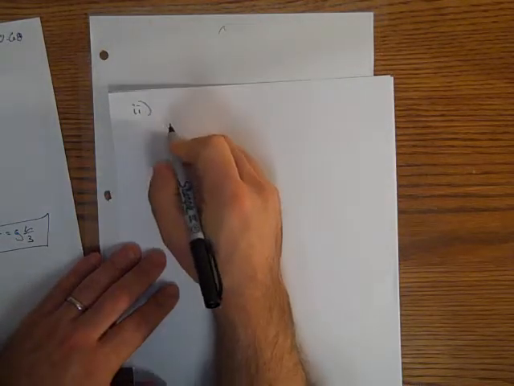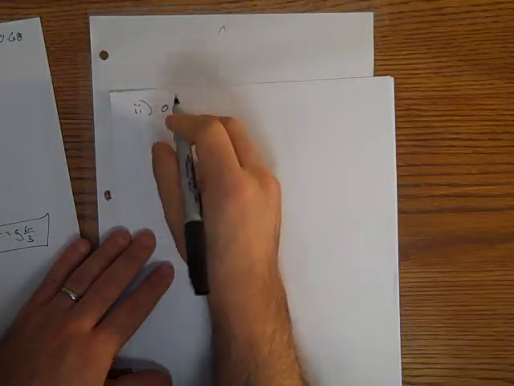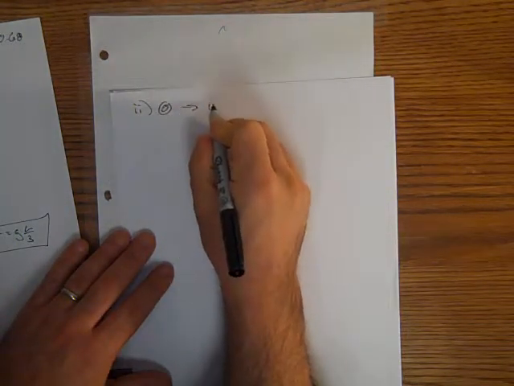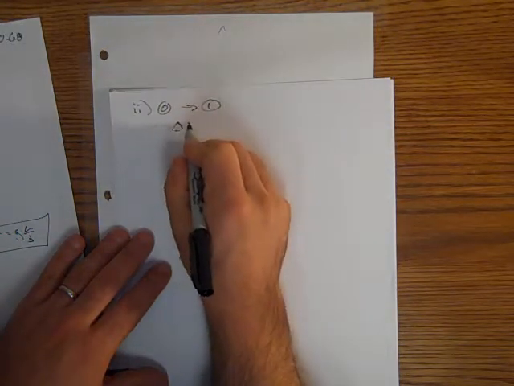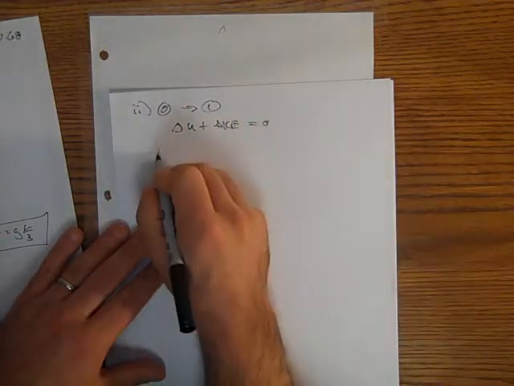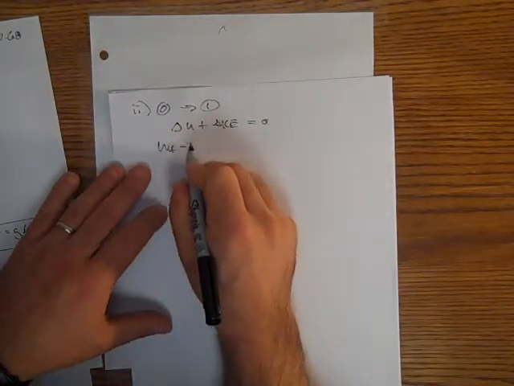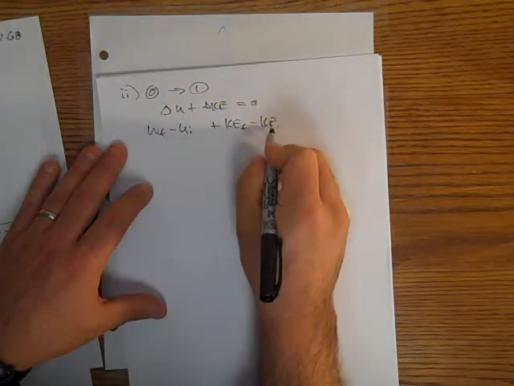Because the second thing that I'm going to look at is the energy change from point 0 to point 1. And again, no non-conservative forces do work. So delta U plus delta KE is 0. U final minus U initial plus kinetic energy final minus kinetic energy initial is 0.